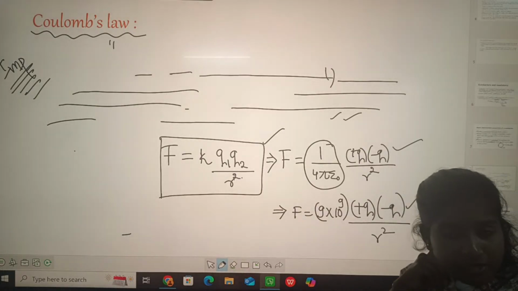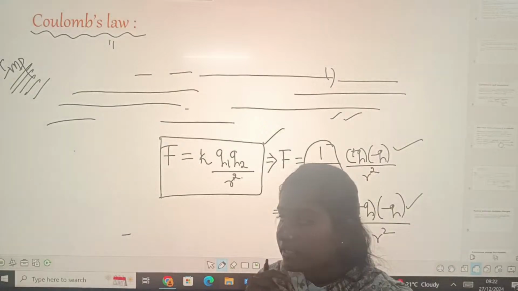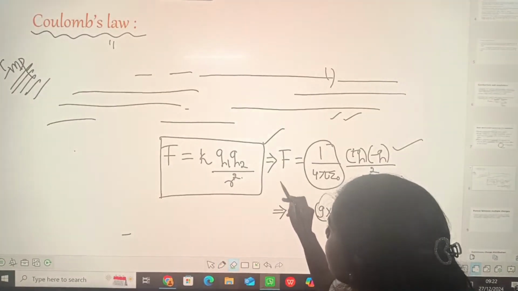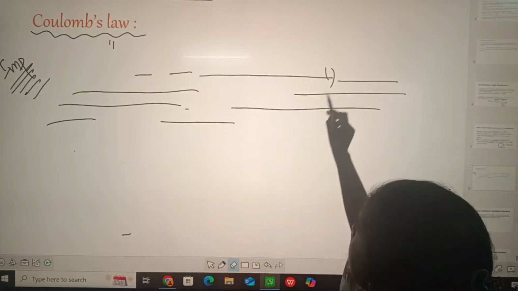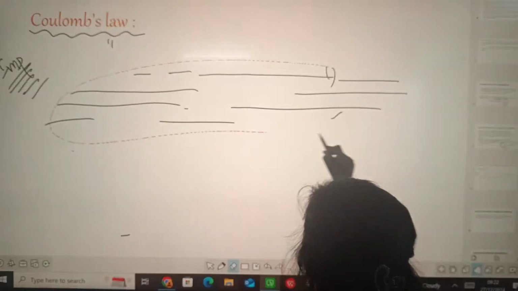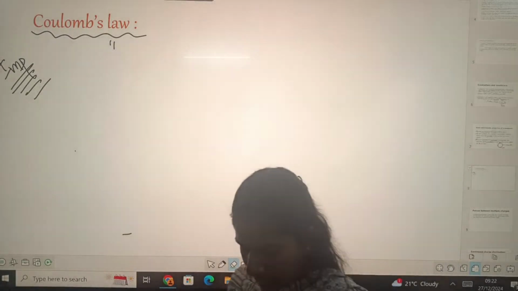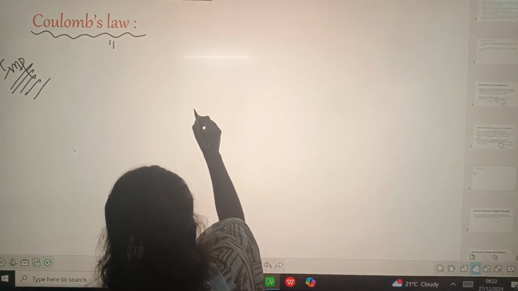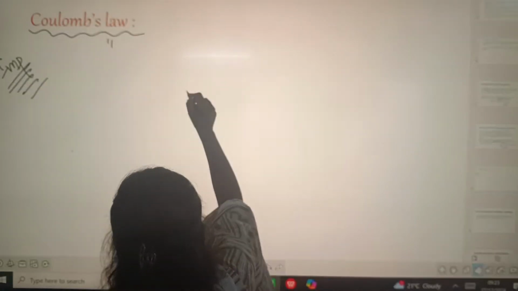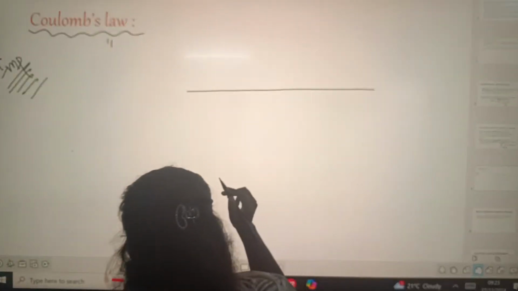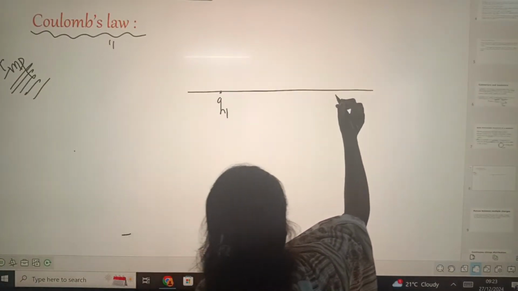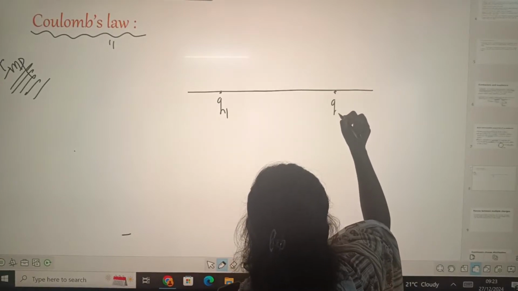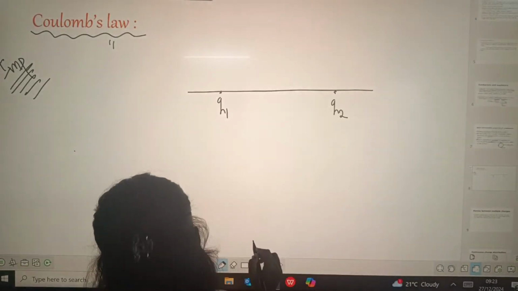Now I am going to tell you how to define it in vector form. In vector form, I have the two charges, this is Q1 and this is Q2.